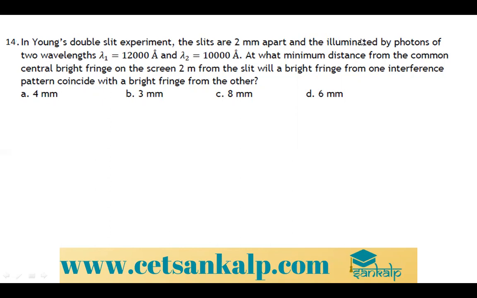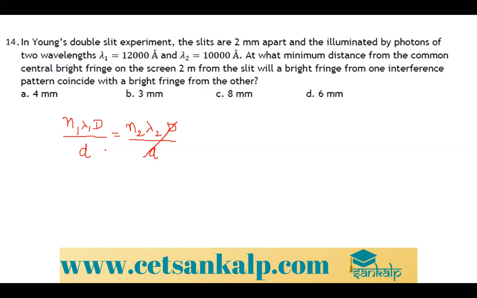So let N1 be the bright fringe. You imagine that N1 is the bright fringe of lambda 1. Since it is going to coincide with N2 bright fringe, then you can say N1 lambda 1 D divided by d is equal to N2 lambda 2 D divided by d.